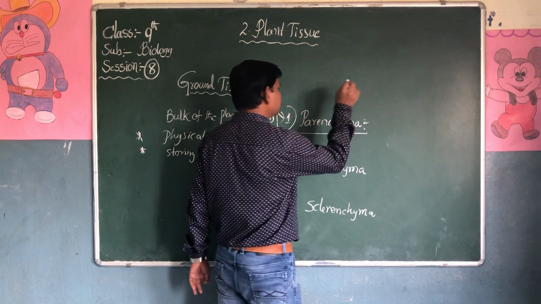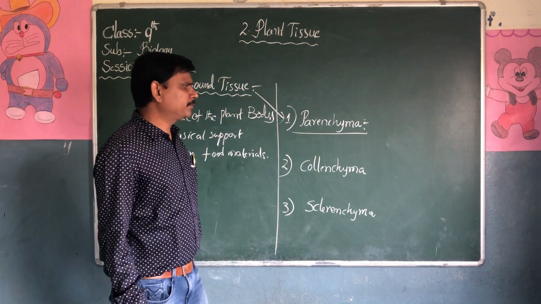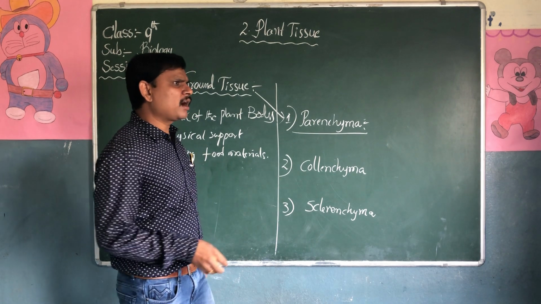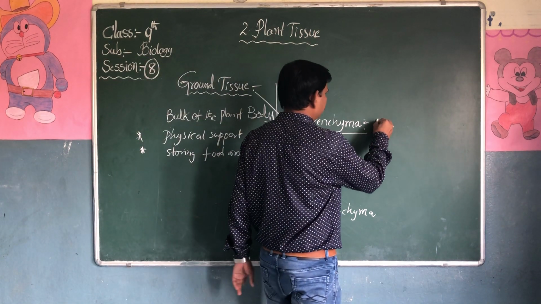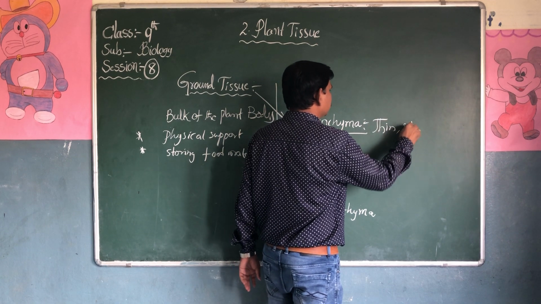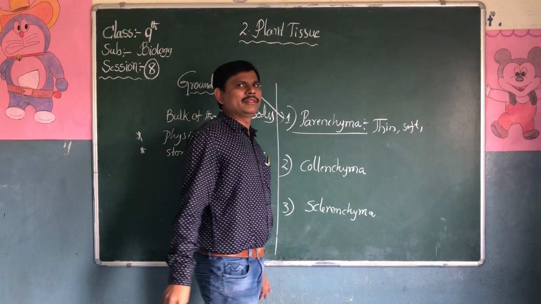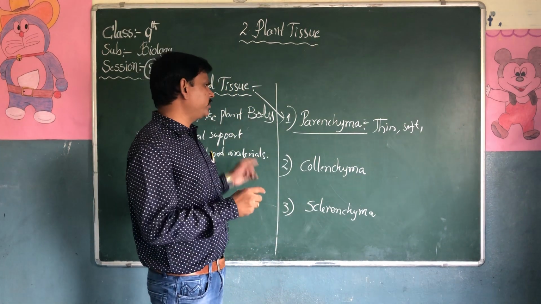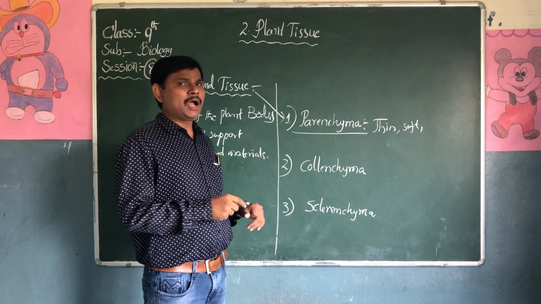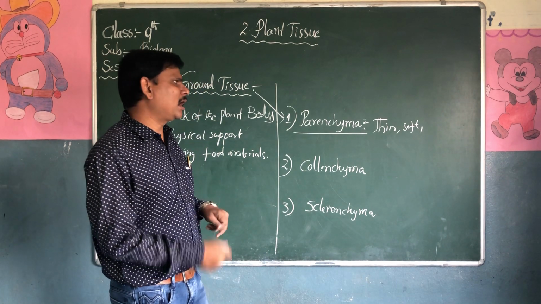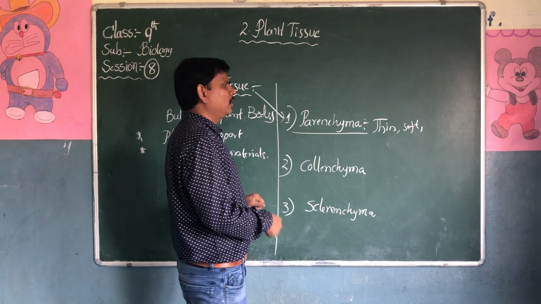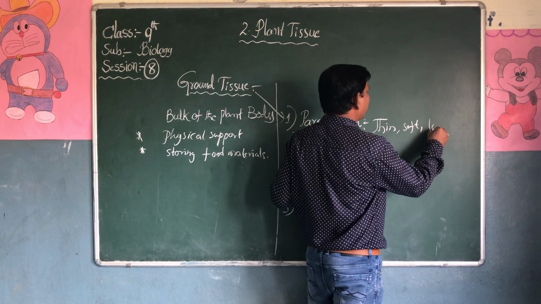In the ground tissue, parenchyma cells have a thin and soft wall, and they are loosely packed.